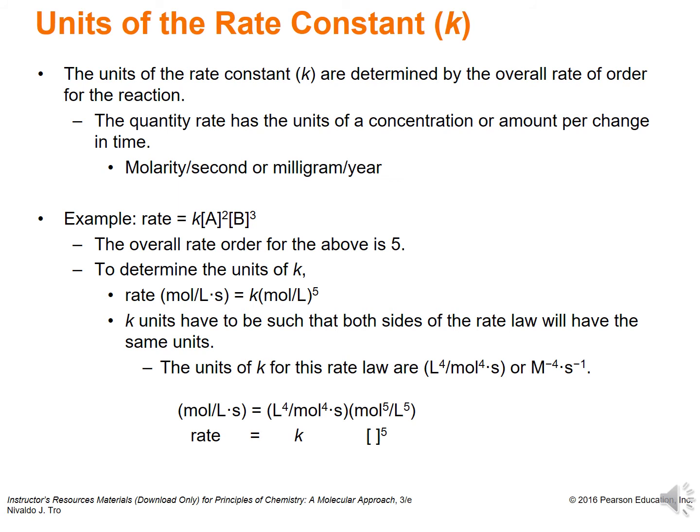That's how we end up with a rate expression on the left-hand side with units of molar per second, and on the right-hand side, K adjusts the molar to the 5th to be molar to the minus 4, s to the minus 1, to get overall units of molar per second on both sides of the equal sign.